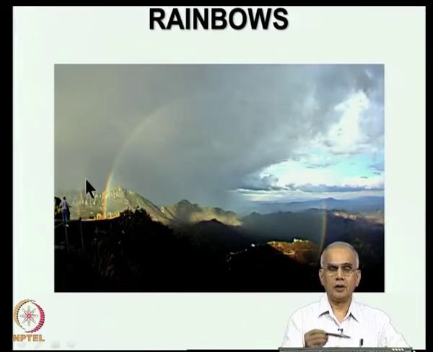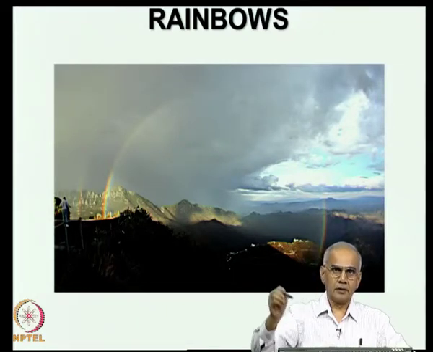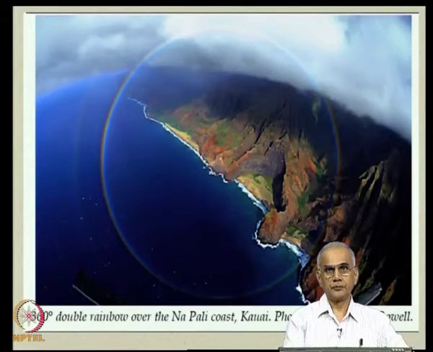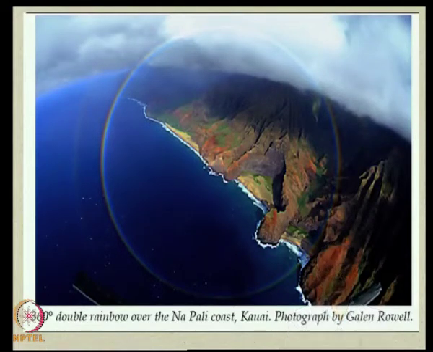That depends on at what distance from the droplets you are. So, if we are at the right distance, then you will see the entire circular rainbow in front of you. Here is a picture taken in Hawaii, showing the complete circular rainbow with a secondary rainbow also visible.